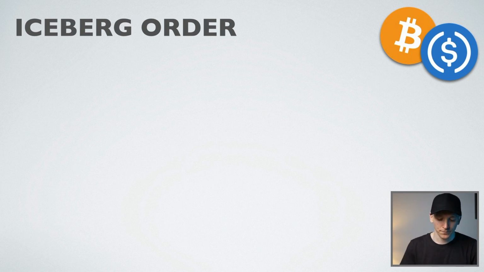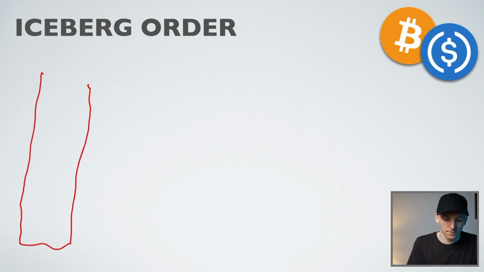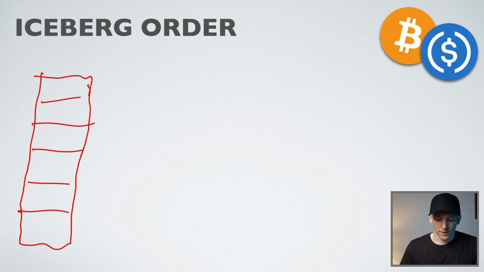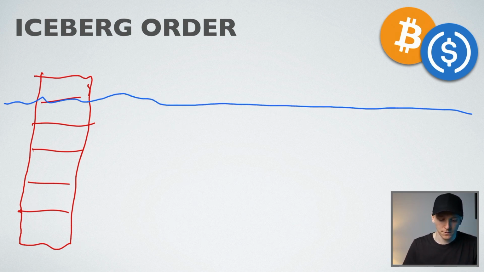So what you do is you essentially take a portion of your order. Let's say this is your order, and you put it into tranches essentially. So what we say here is we're going to show this much, and you'll show that to the market, and that may trade.